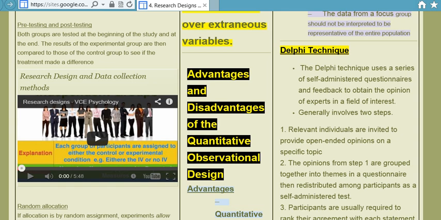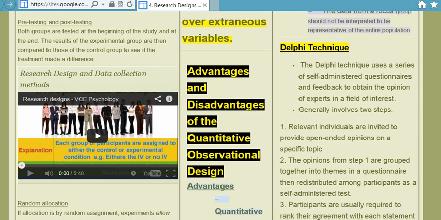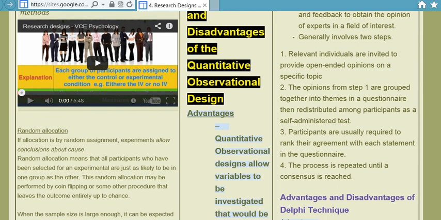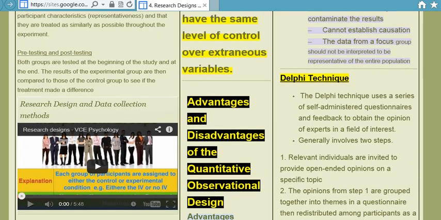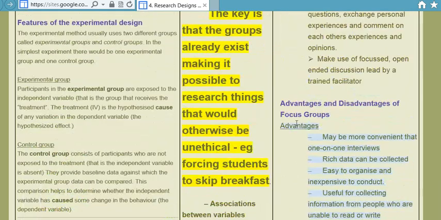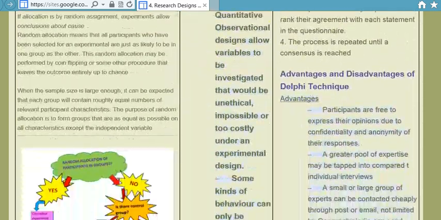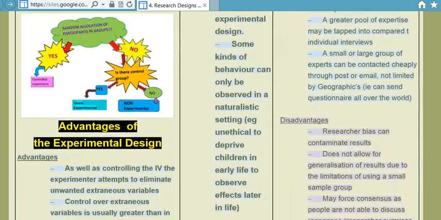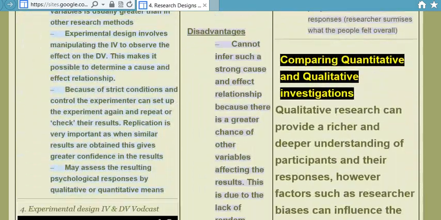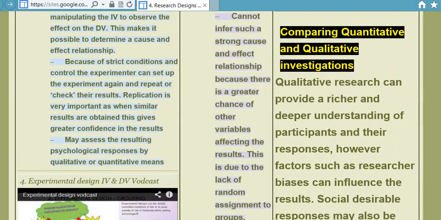So be aware that you need to study again the advantages and disadvantages of the observational designs, and the advantages and disadvantages of the focus group as well as the Delphi technique. Sometimes similarities can be asked, and at the end you will be asked to compare quantitative and qualitative investigation designs.